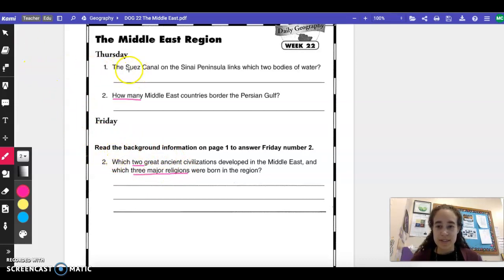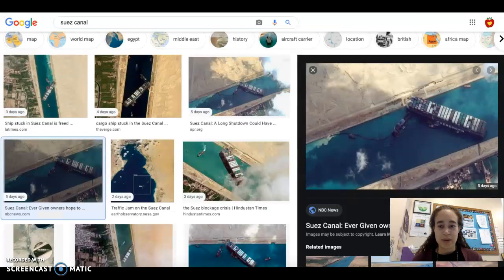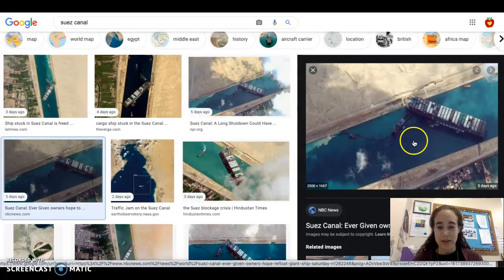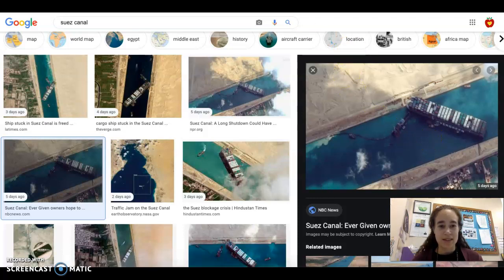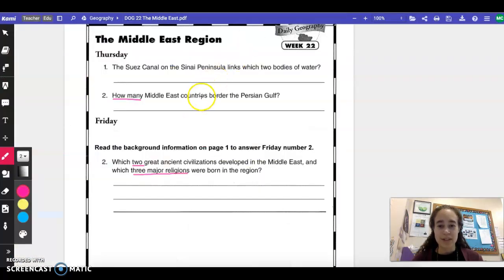Now, if this Suez Canal part sounds familiar to you, you may have heard this mentioned as a current event last week. Suez Canal is where that cargo ship got stuck and it blocked the waterway, and other cargo ships could not go through for a couple of days while they were getting that situated.